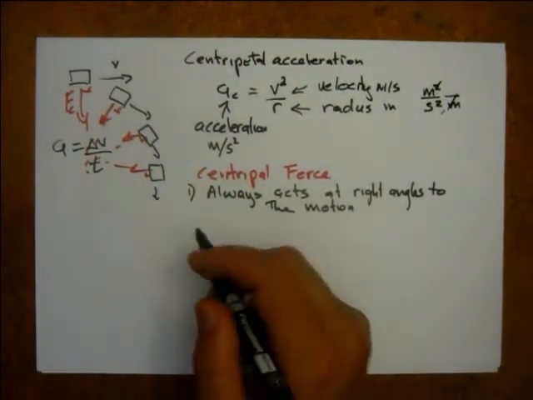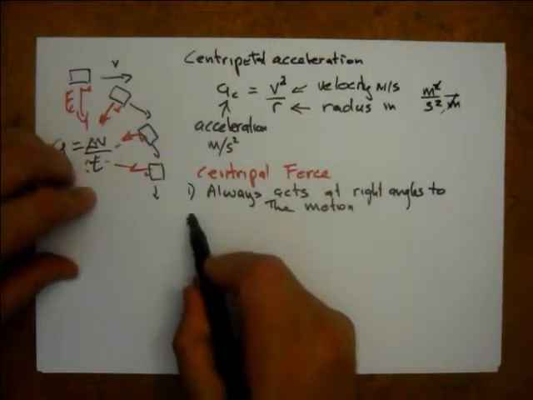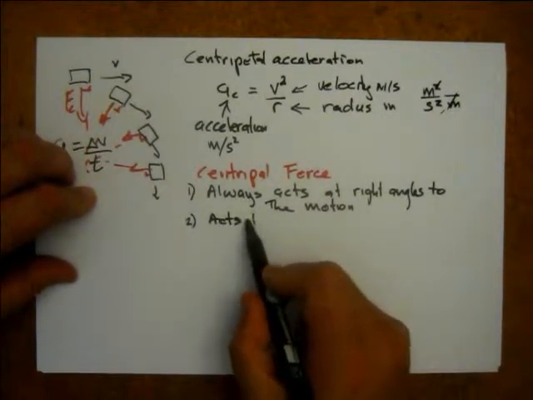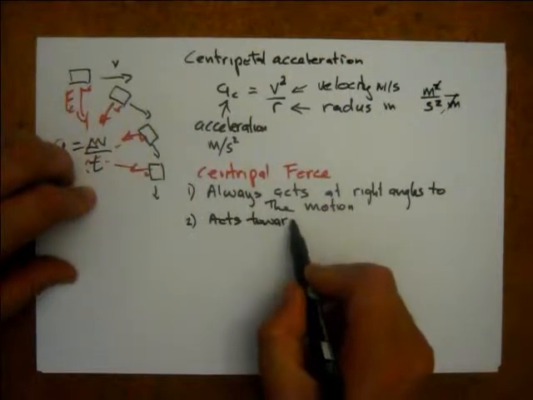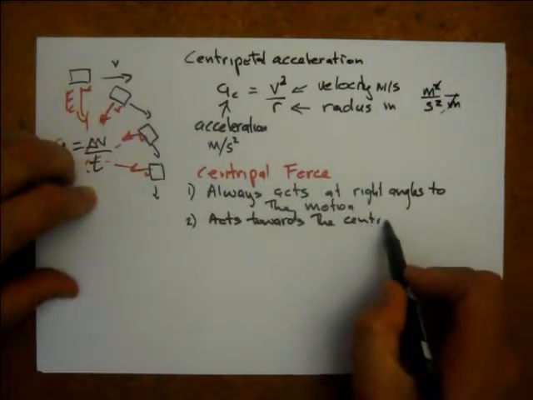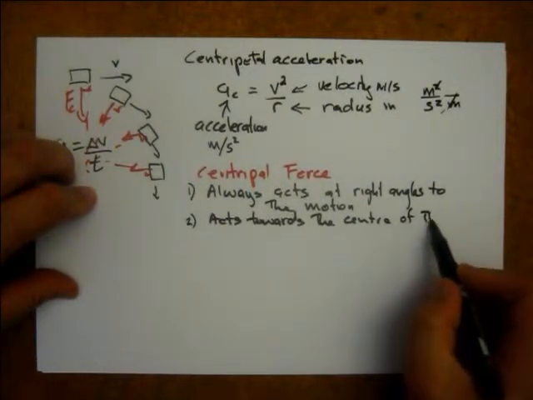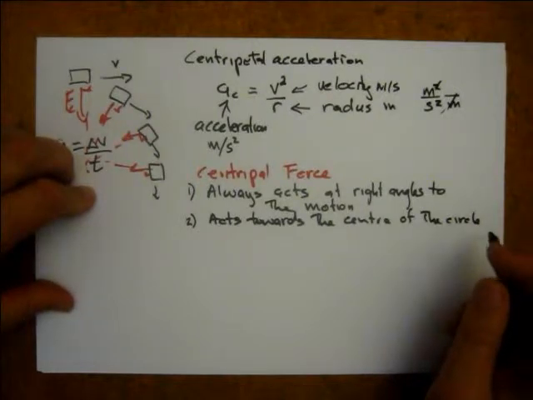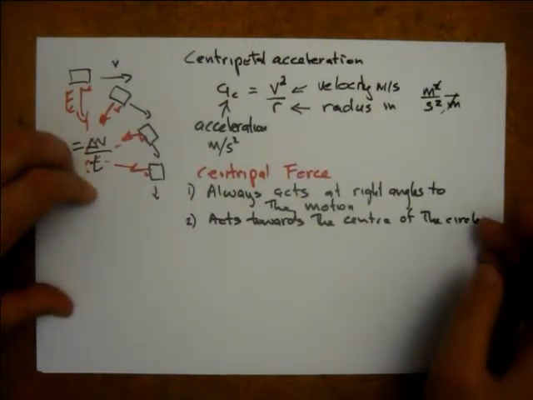And also the centripetal force acts towards the centre. It's the centre of the circle. Because it's going in circular motion, it's always going to act towards the centre of the circle.